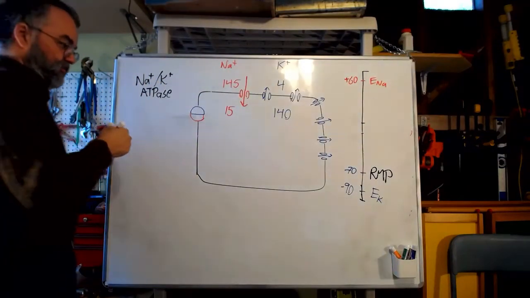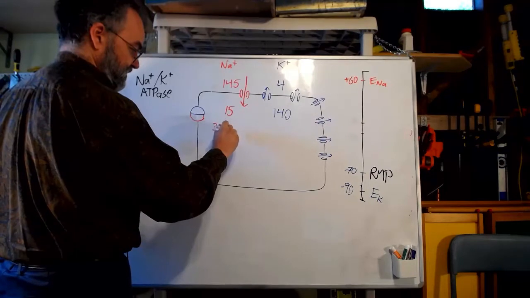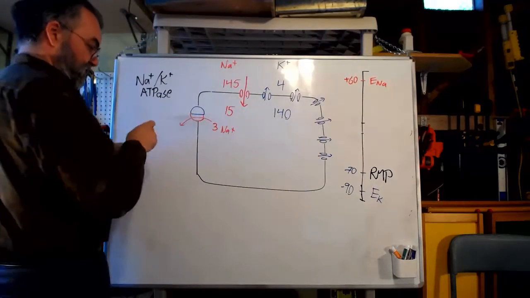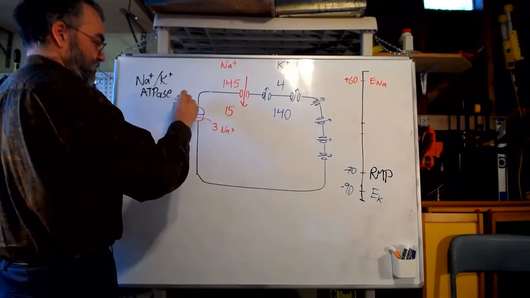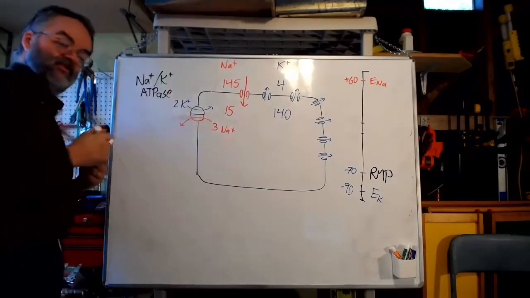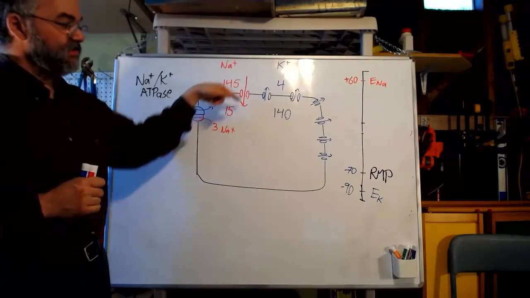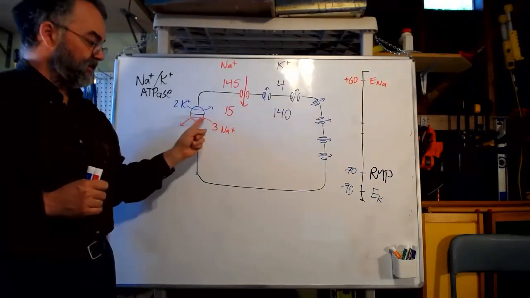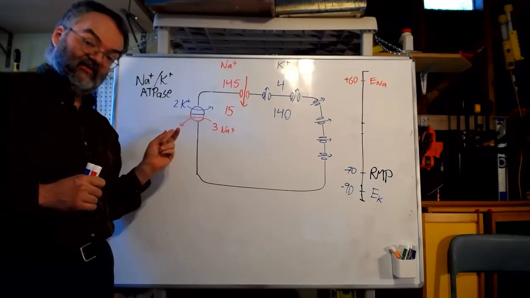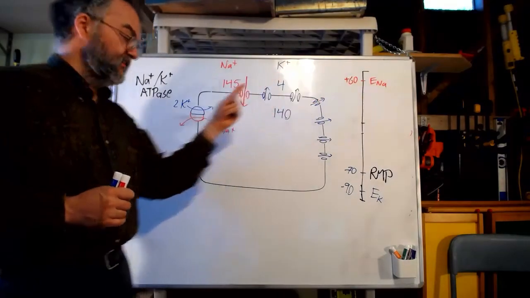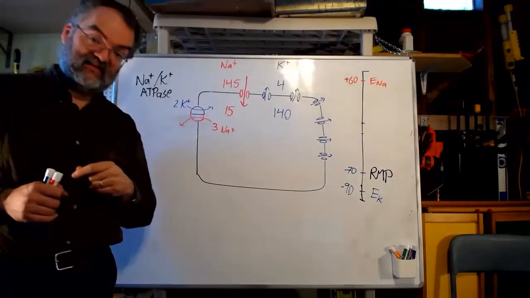This pump moves 3 sodium ions out of the cell in exchange for 2 potassium ions into the cell. So as my sodium is leaking in, this pump puts it back out. As my potassium is leaking out, this pump pulls it back in.